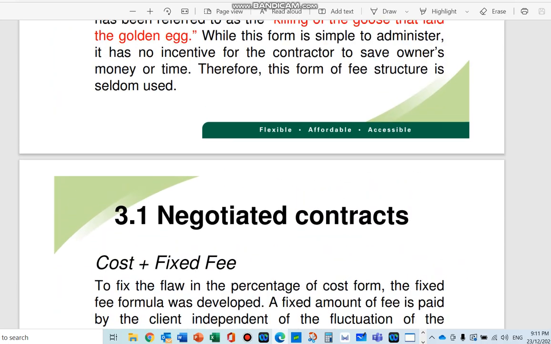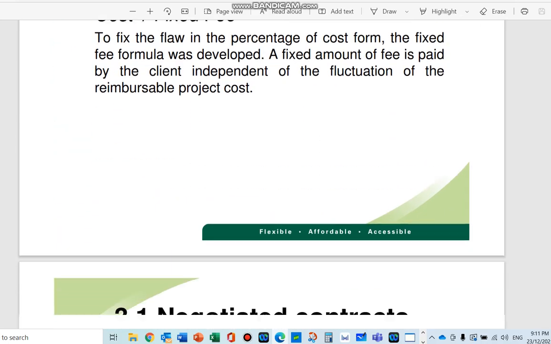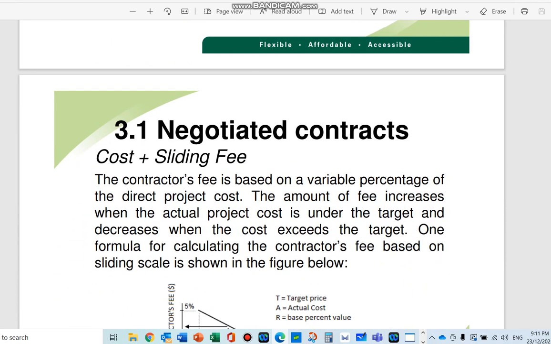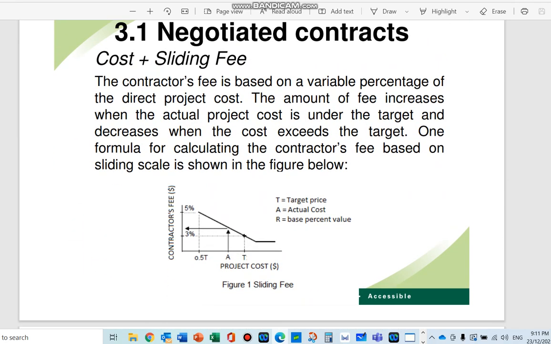The top bit here is more on the cost plus, the typical reimbursable. And this is the combination whereby you have profit sharing or sliding fees, whereby if you can reduce the cost to your target, this is the target incentive that I was talking about.